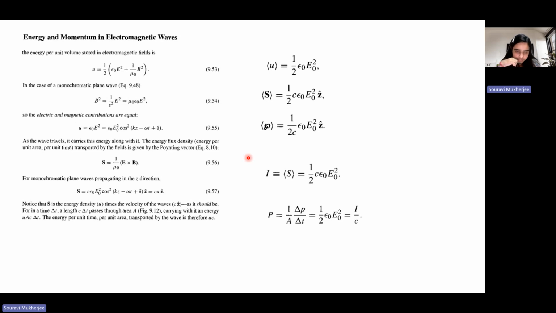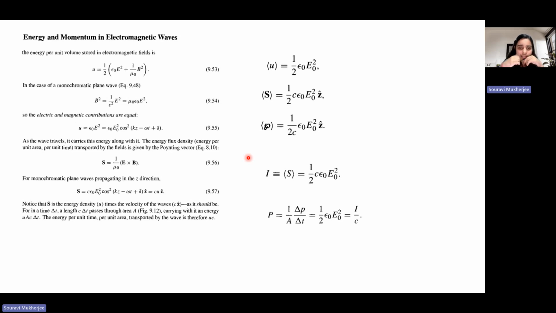That gives rise to the idea of radiation pressure, which tells us that light can exert pressure, and that has huge implications when we talk about manipulation of objects using optical forces. Light can exert force on objects and move them and control their motion. That comes from the fact that there's this radiation pressure associated with light.